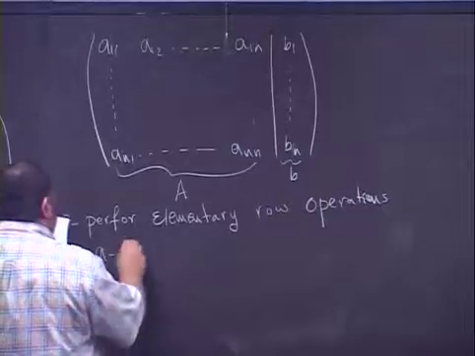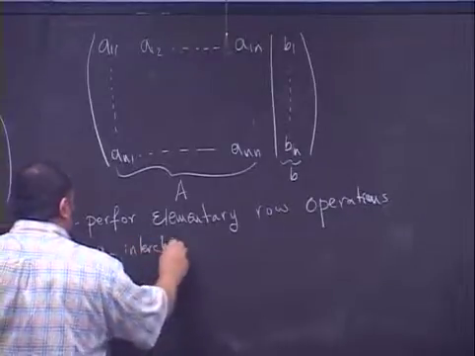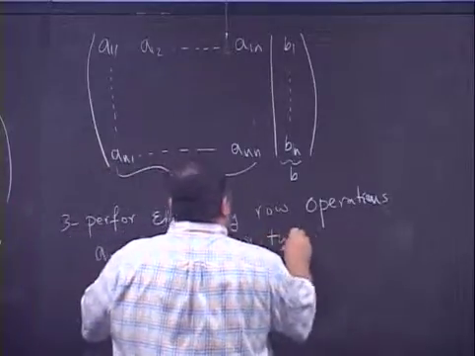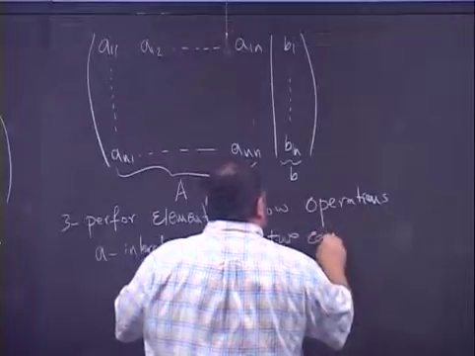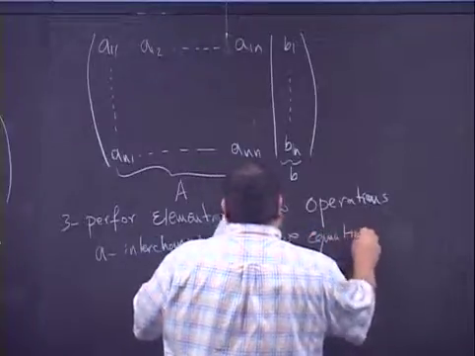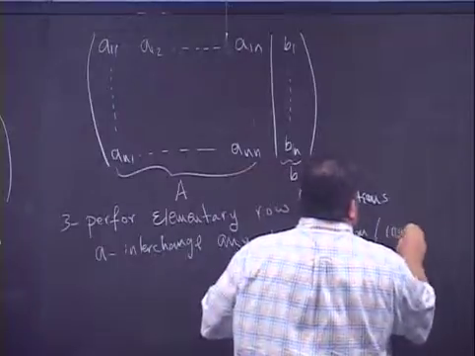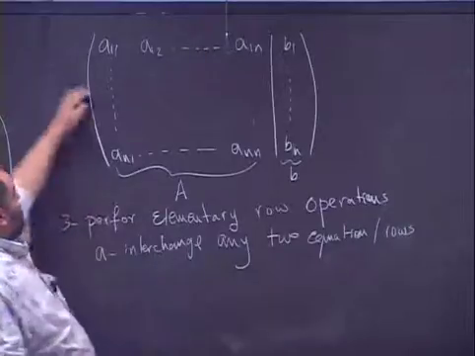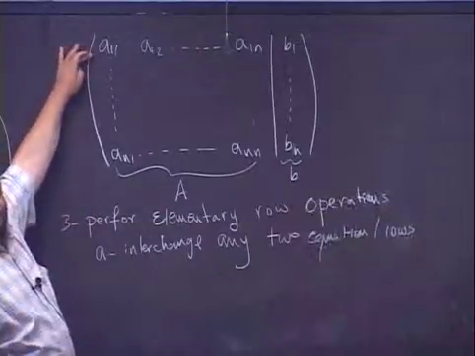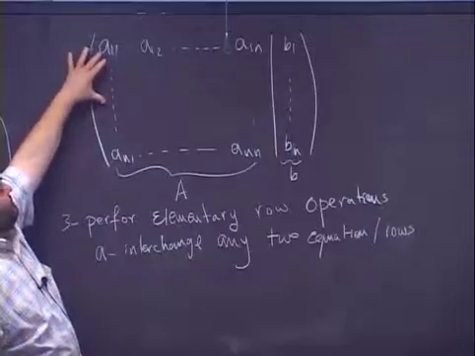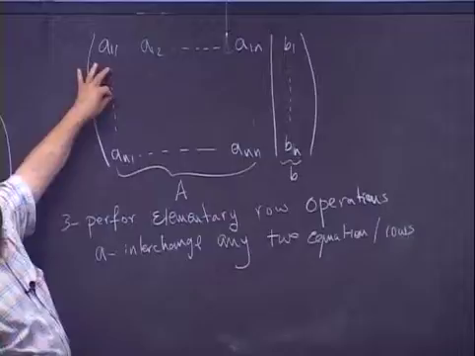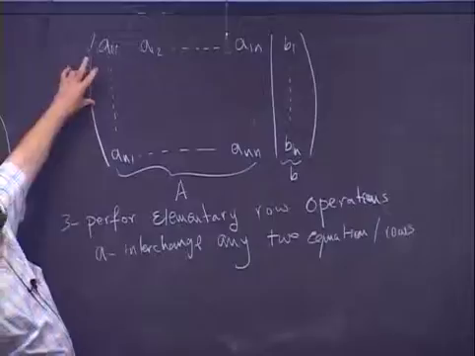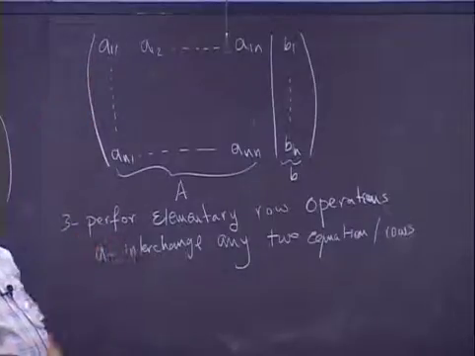If we interchange any two equations or rows, this will not change the augmented matrix. So if we say that this is the first row, and we interchange the first row with row number 10, let's assume that we have 100 rows. If we interchange 10 with 1, we don't induce any change.